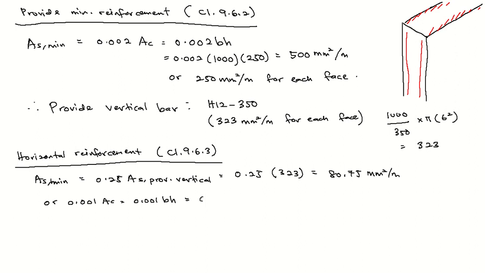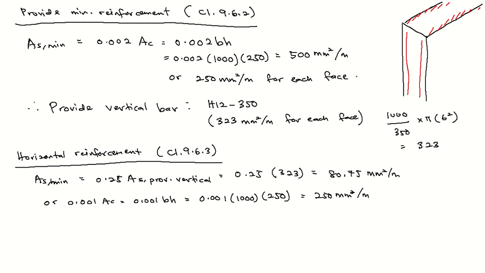So 0.01 times 1000 times 250. This is equal to 250 mm square per meter. This one is whichever is greater. The greater value is 250, so we will base it on 250.